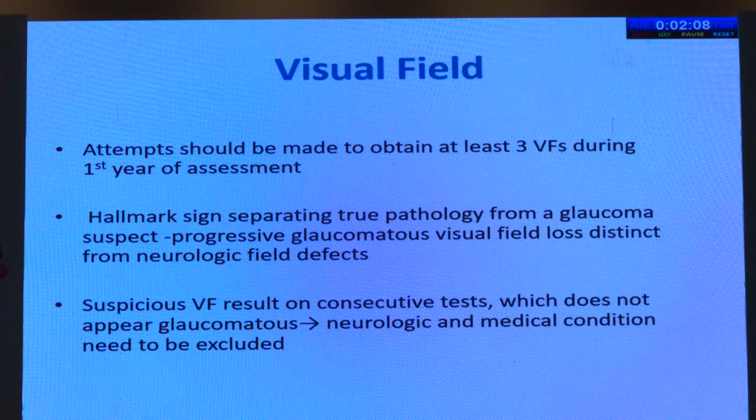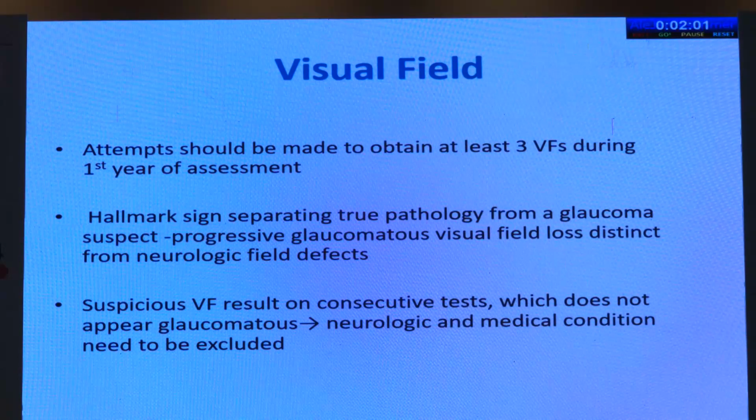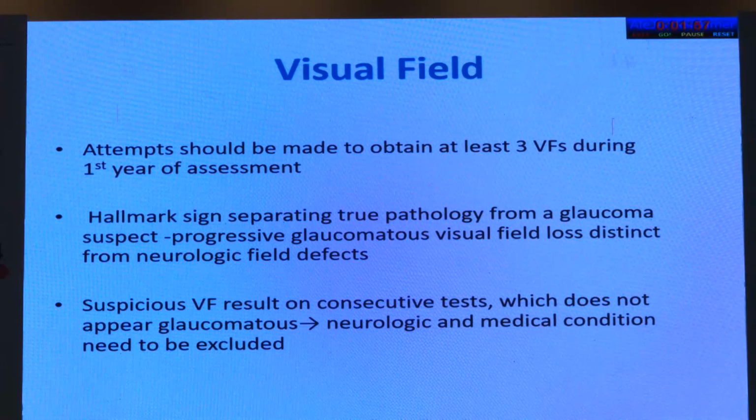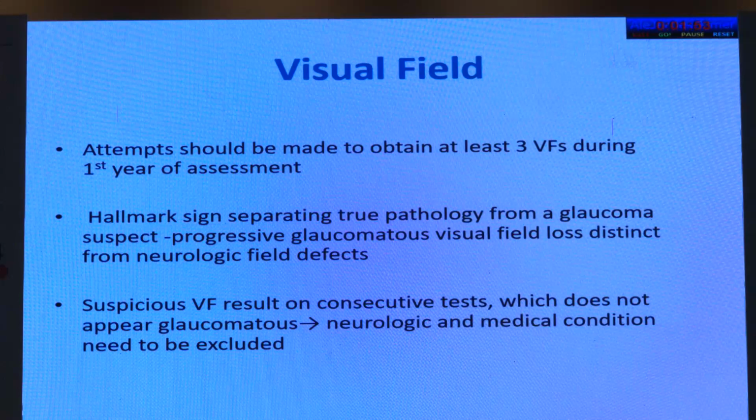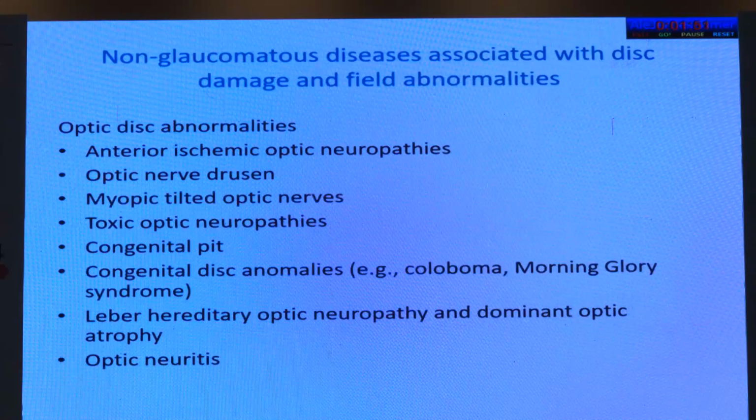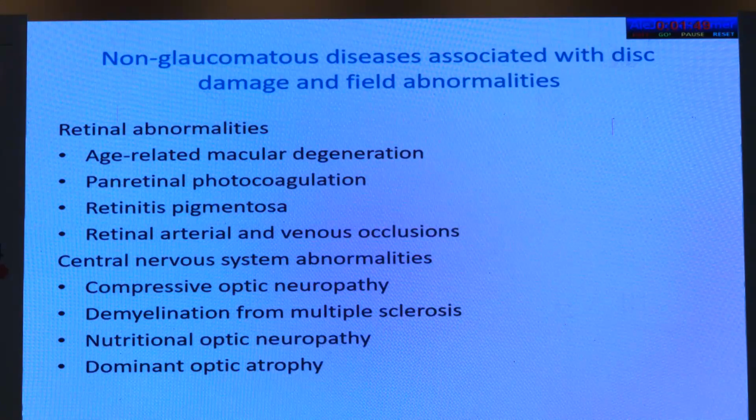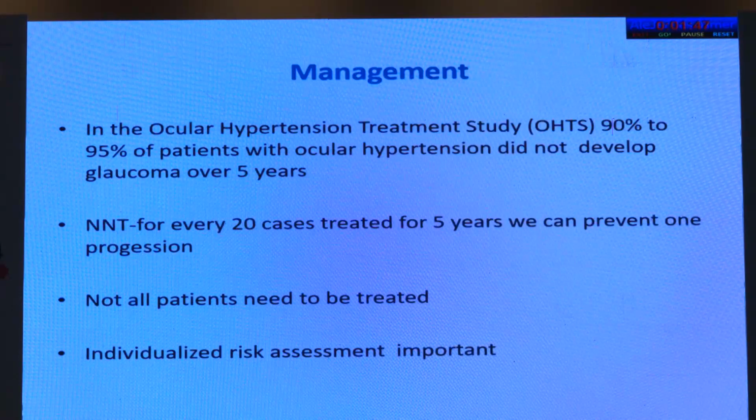And remember that the hallmark of a glaucomatous field is progressive visual loss, which cannot be attributed to any neurological defect. And if there is a suspicious visual field on consecutive tests, then one should try to exclude the neurological and medical conditions causing the visual field defect, like optic disc abnormality, retinal abnormality, and CNS abnormality.